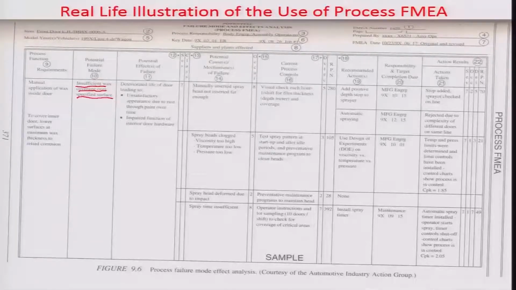So the FMEA process that we want to develop is to study the wax application in a more appropriate manner within the inside of a door, so that this problem of corrosion can be retarded.